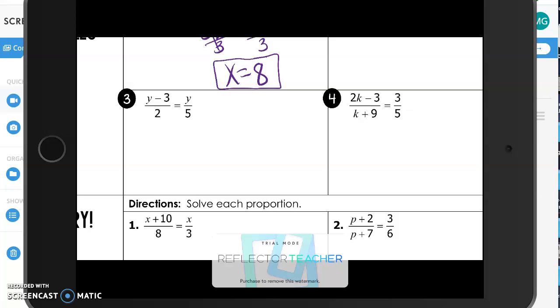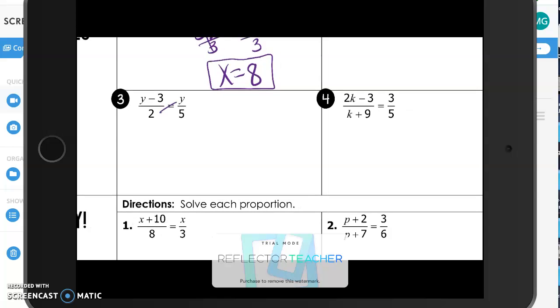Number 3. This is where we already have a little bit of crazy stuff going on. So first I'm going to notice that I'm just going to do 2 times y is 2y. When you do the other two, you're going to have to do 5 times y minus 3.